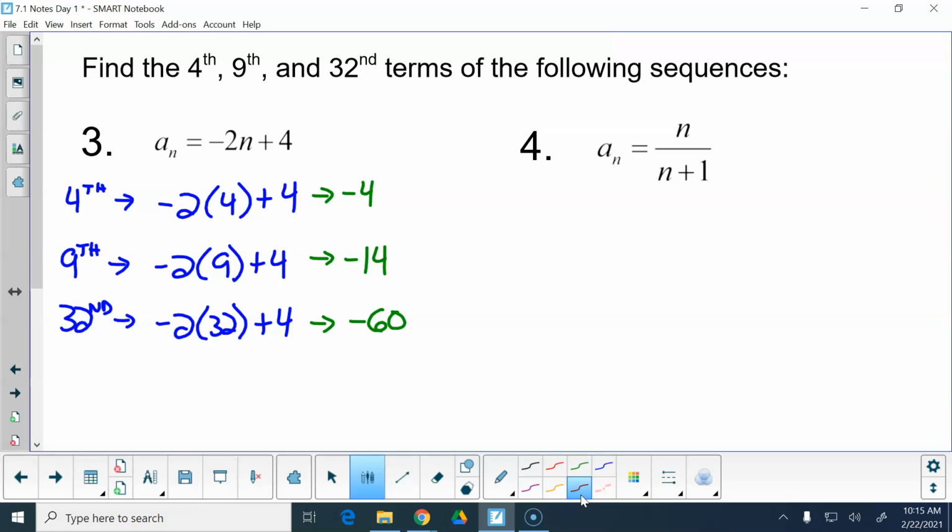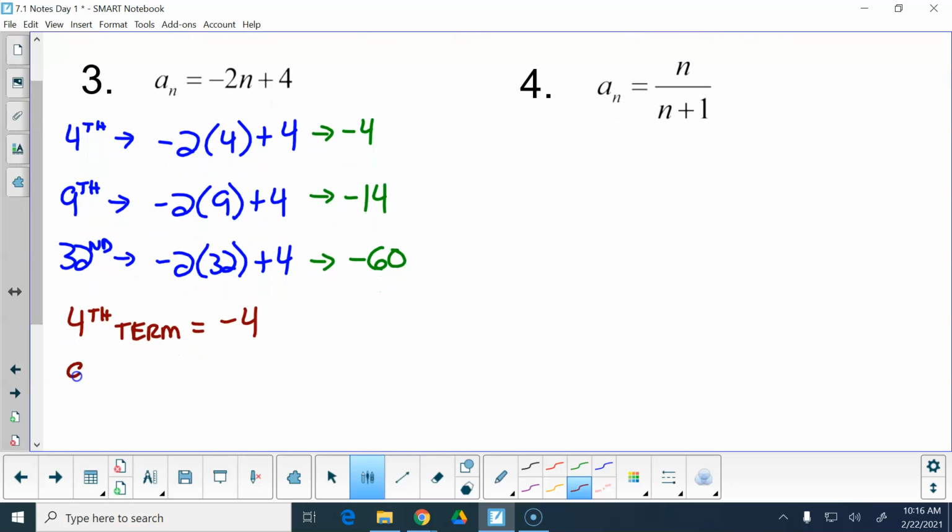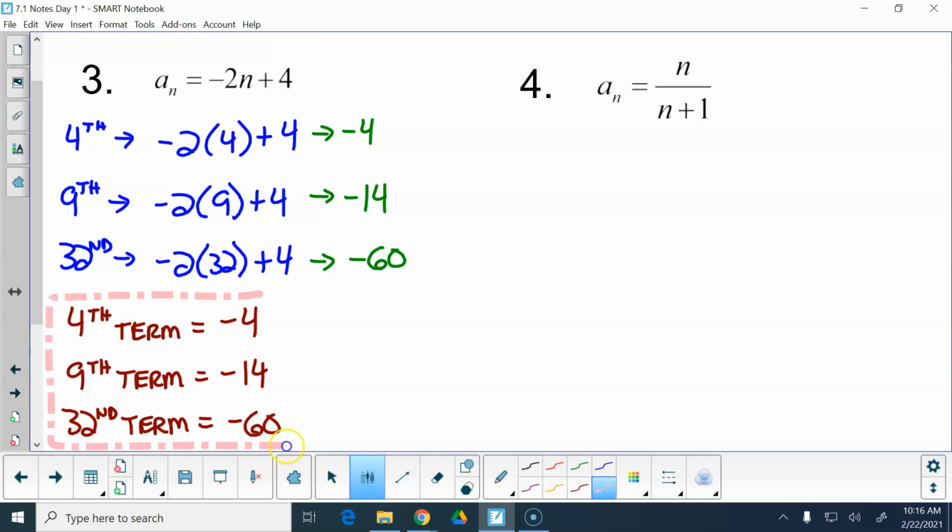So when I give my answer for these, since it's not technically an ordered sequence because we jumped around, I would have to say that the 4th term is -4. The 9th term is -14, and the 32nd term is -60. I'd have to label each of those terms as to what they are.